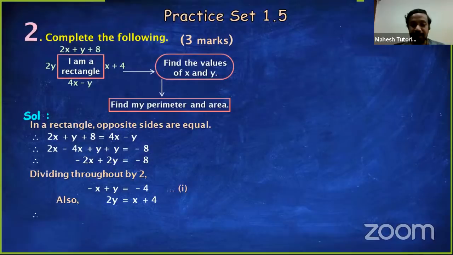So bringing it in its basic form. Now x is present on the right hand side with a plus sign. If it comes on the left hand side, it will become minus x. Plus 2y as it is, equal to, keeping 4 as it is. So now students, see whether this equation is present in its basic form. Yes, because the alphabet terms are on the left hand side and the constant is on the right hand side. So in that case, students, I'll number this equation as equation number 2.